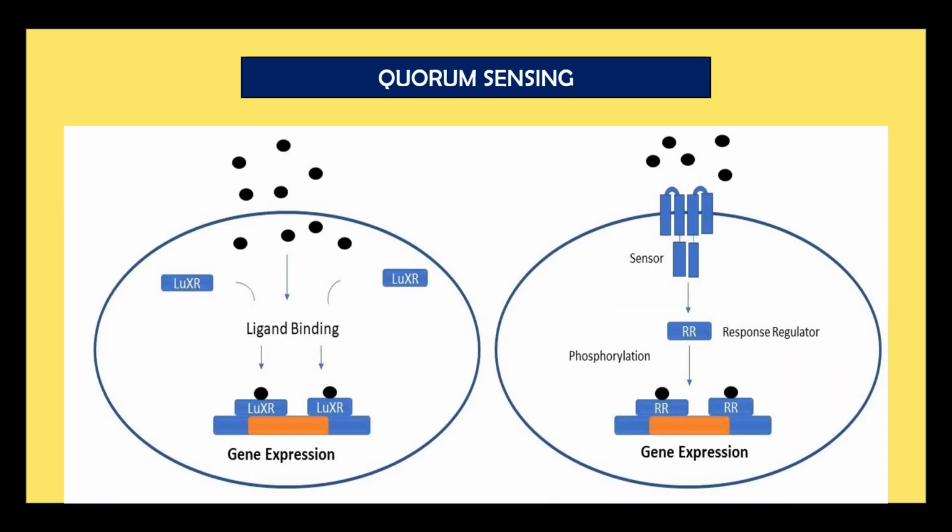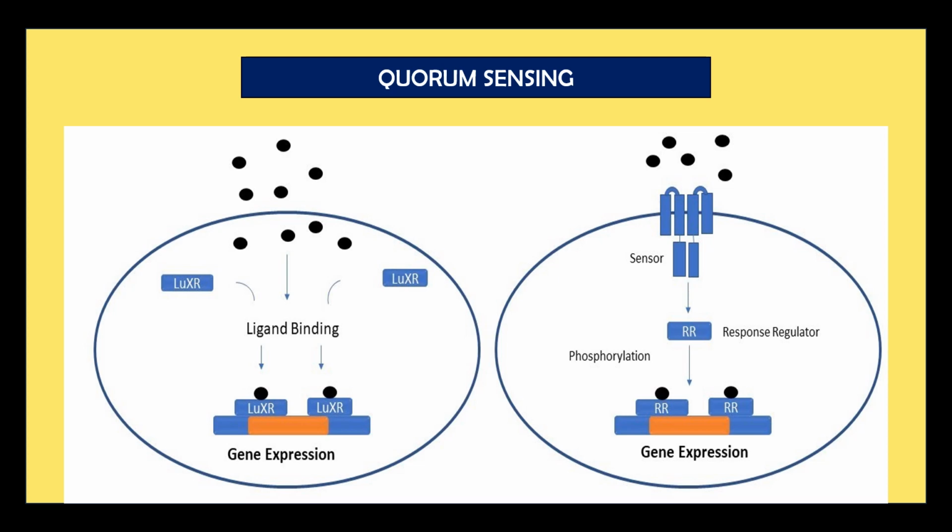Now this is quorum sensing. Quorum sensing describes a bacterial communication phenomenon that allows bacteria to communicate using secreted signal molecules to assess their population density.